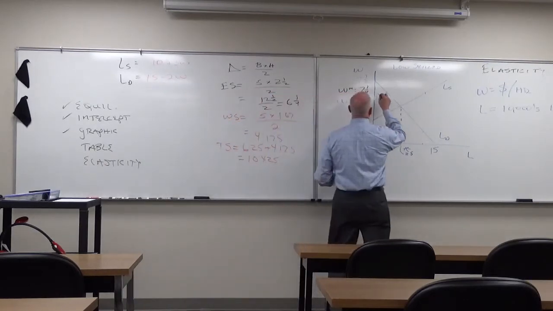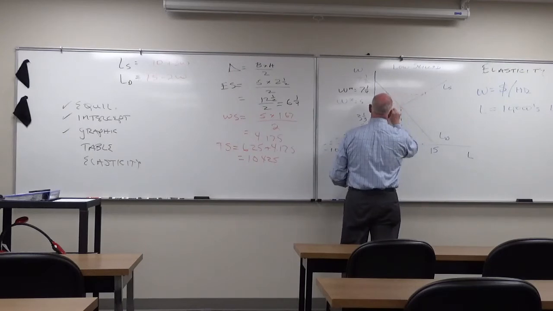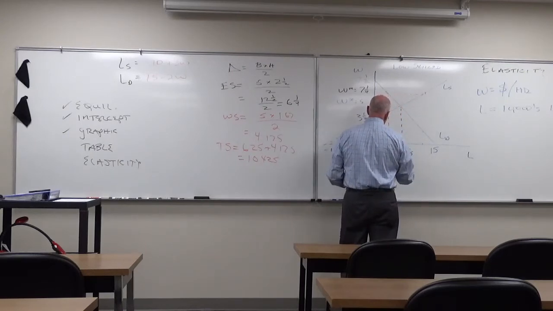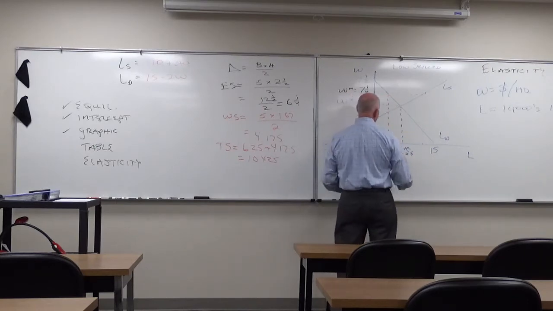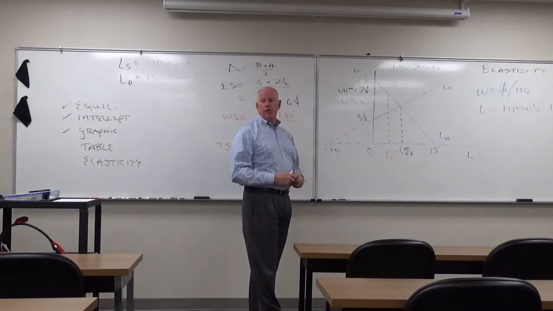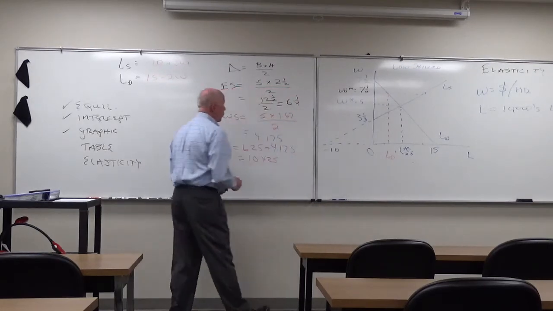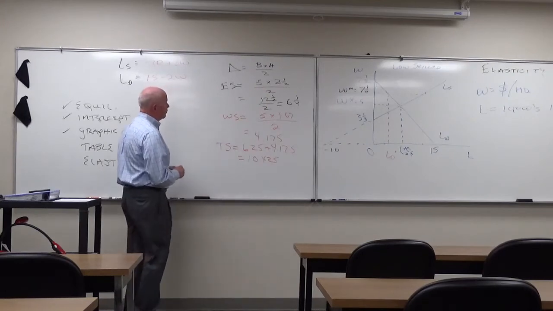And we know that it changes the game. We've got now some LD, I'll call it LD prime, and we're going to have some other values we're going to have to think about for a minute. So we can think about now our revised worker surplus and our revised employer surplus.